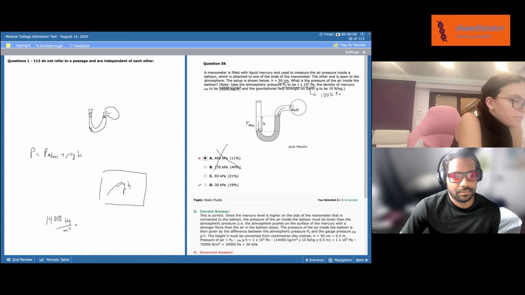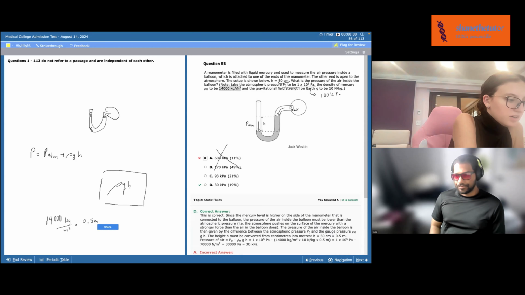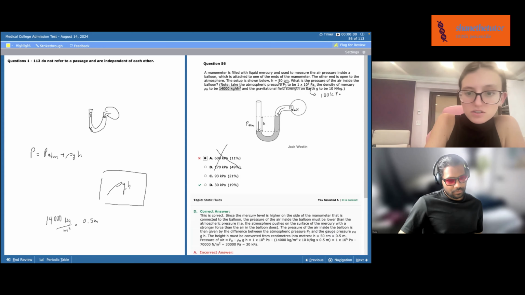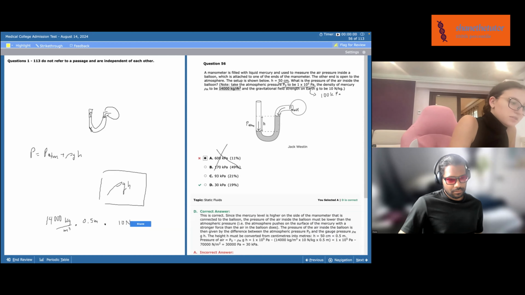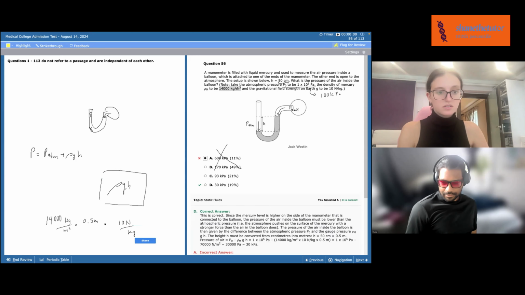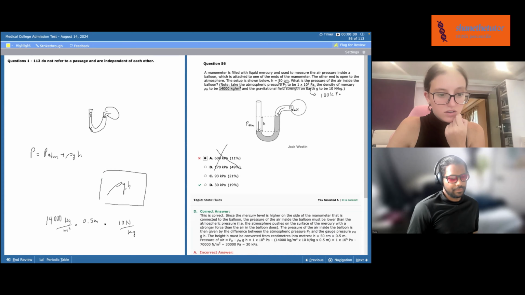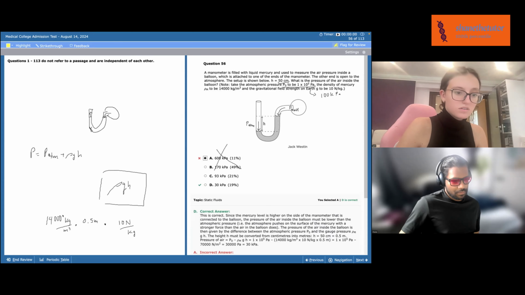We said that 1 meter cubed was 1e⁻⁶ centimeters cubed. So we'll keep that into consideration in a second. And then 10 newtons per kilogram is the gravitational acceleration. Now we can knock out the kilos first.